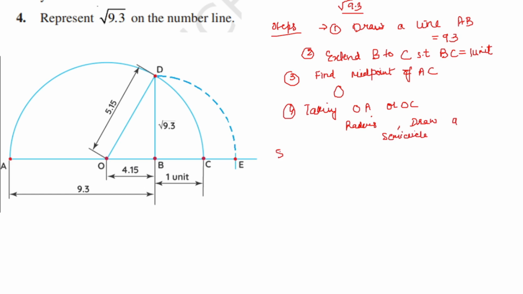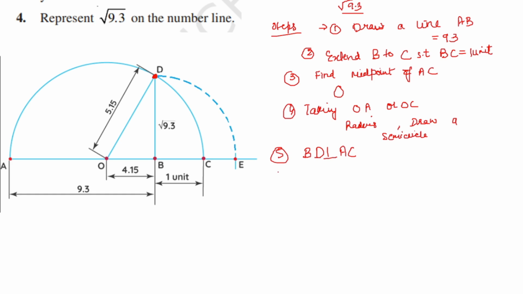Then the fifth step would be, we'll make a perpendicular from B such that BD is perpendicular to AC and it is cutting the semicircle at point D. Okay, now we'll join B and D.